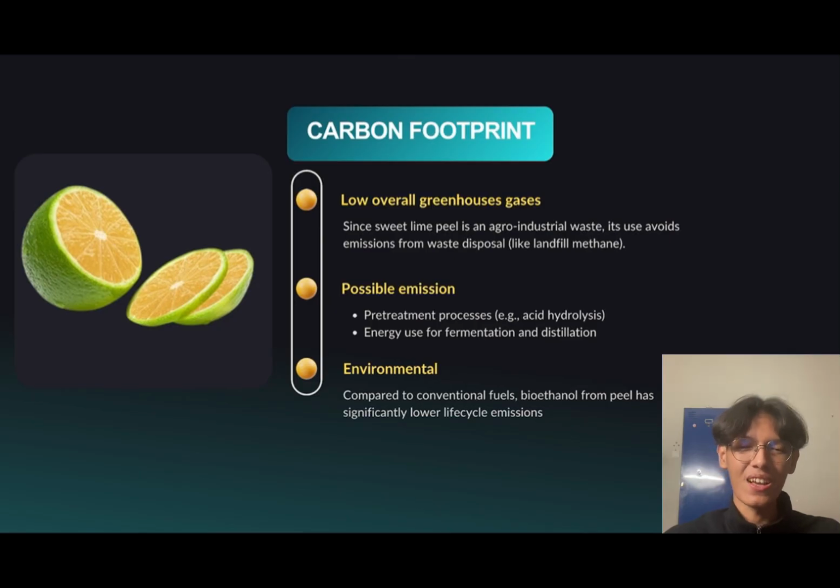There might be some possible emissions during the pre-treatment process, such as acid hydrolysis, or from the energy used for fermentation and distillation. Other than that, for the environmental carbon footprint, compared to conventional fuels, bioethanol from fruit peels has significantly lower life cycle emissions.